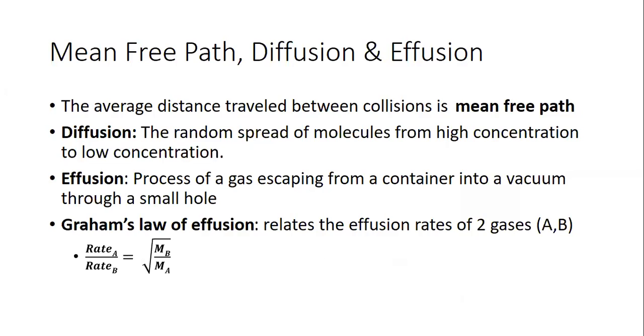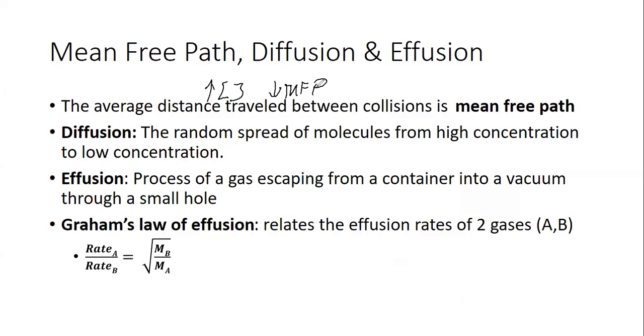So higher concentration, lower mean free path. Because if you're very concentrated, there are other gas molecules around you, and you're going to hit those other gas molecules. While if you're in a vacuum, there's nothing around you, so your mean free path will be near infinite in a true vacuum because there's nothing to hit.